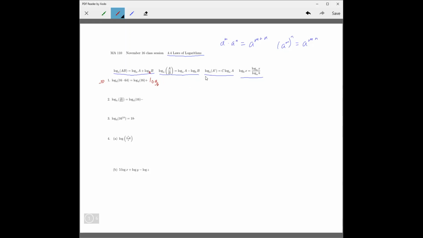Okay, that should be the answer to that one, because it's 16 times 64. So you split it up into log base 4 of 16 plus log base 4 of 64.